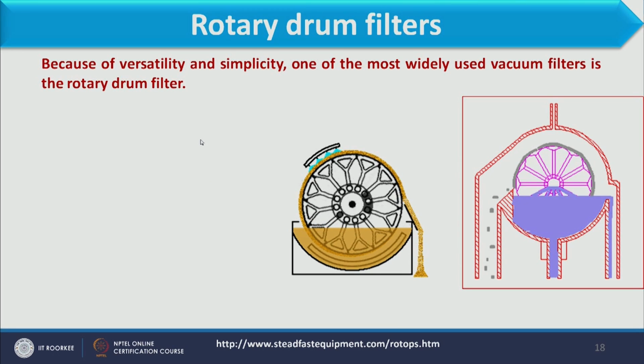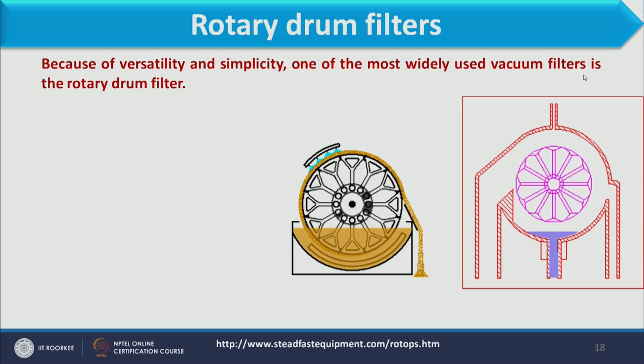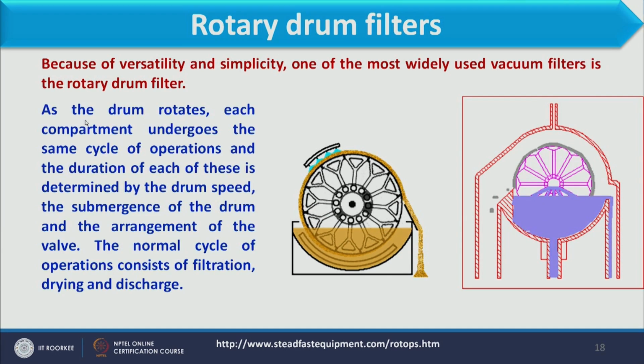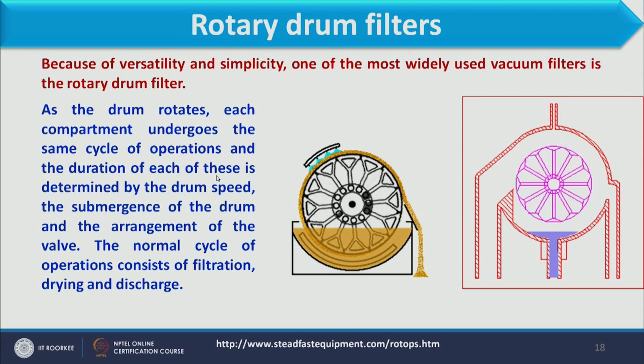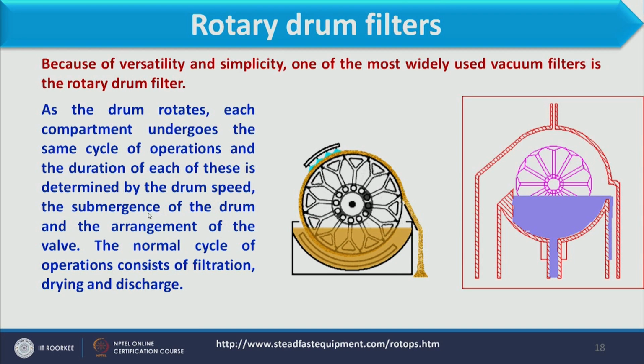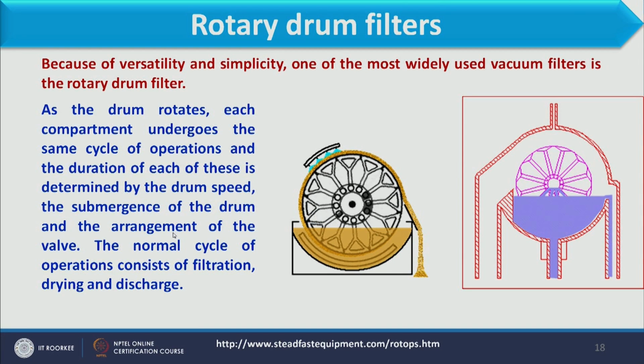Because of versatility and simplicity, one of the most widely used vacuum filters is the rotary drum filter. As the drum rotates, each compartment undergoes the same cycle of operation, and the duration of each of these is determined by the drum speed, the submergence of the drum and the arrangement of the valve.